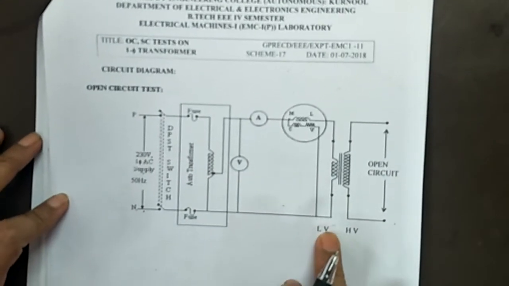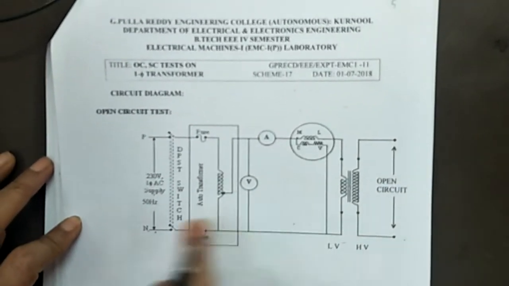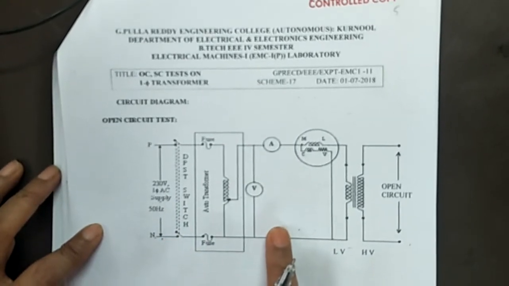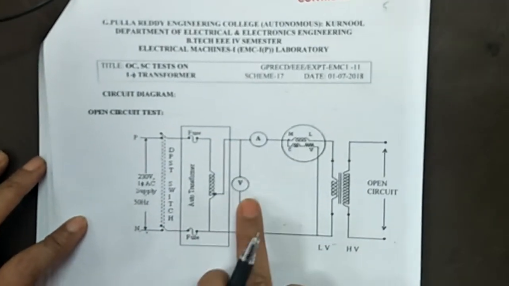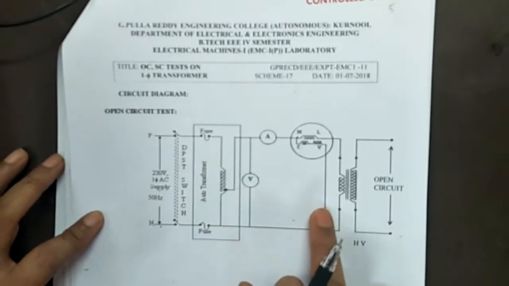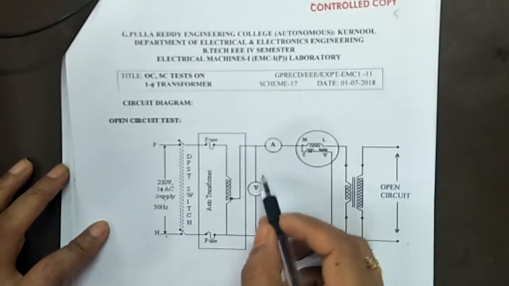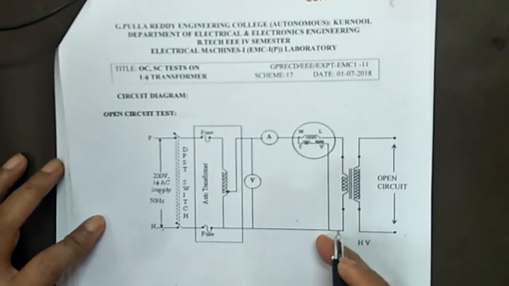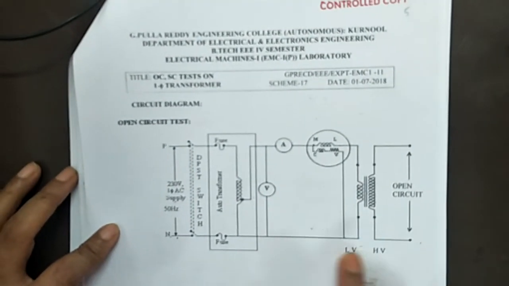When you connect the HV side to the supply in the open circuit test, as we are applying the rated voltage, 11 kilovolt will be applied onto the transformer. Measuring instruments for high voltage are more difficult to use when compared to those for low voltage.